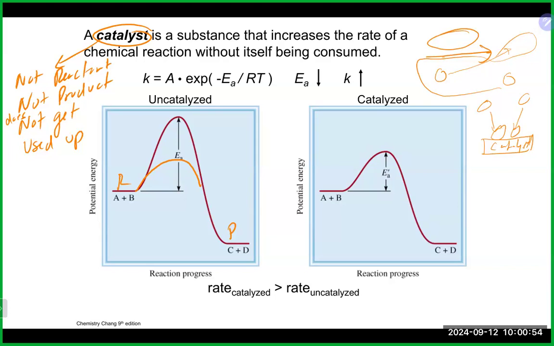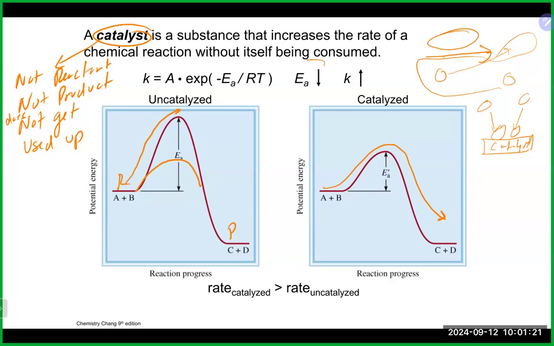That also helps increase the number of molecules that have enough energy to get to the other side, because it's a lot more efficient in doing so. That would increase the rate of the reaction. Instead of these reactants having to climb this giant hill to get to the other side, it's just going to be this smaller hill. And more are going to be able to get up and over to the other side, and an increase in the rate of the reaction will be seen.